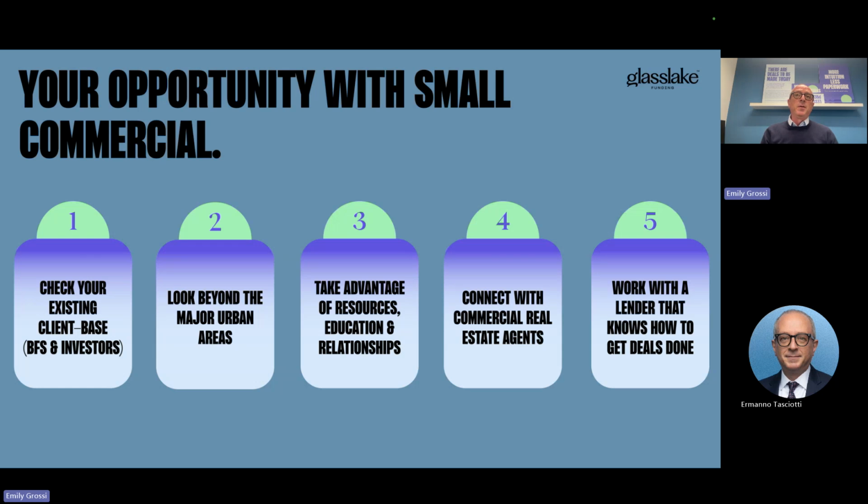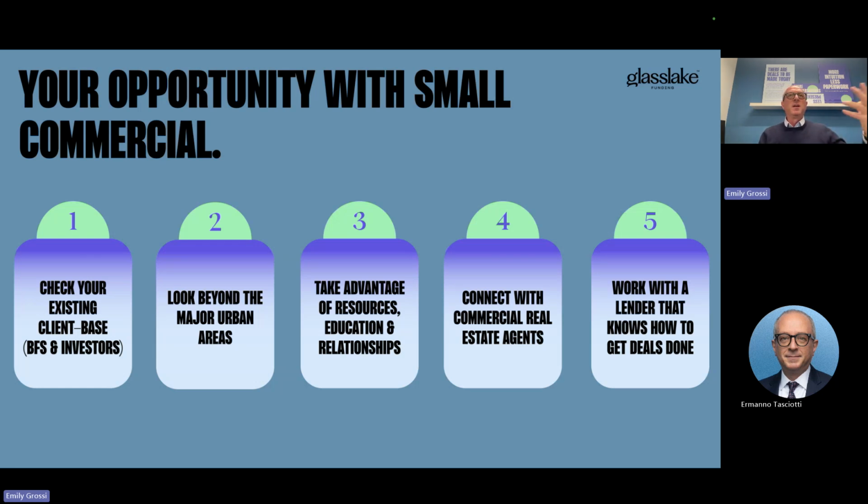Look beyond major urban areas. So as a broker, if you're prospecting for opportunities, look outside the traditional, larger markets. With the way the valuations have gone now, on a lot of investment properties in the major urban areas, the math doesn't math. It doesn't make sense. And it's better to get clients that are looking at smaller markets where the return could be higher.